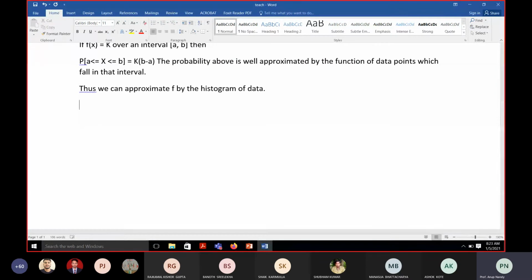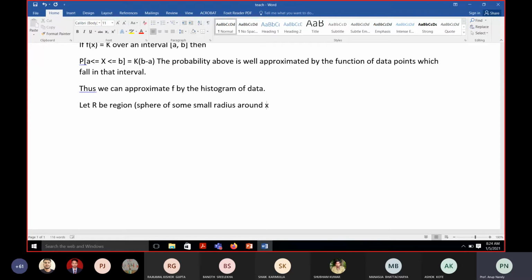Okay, so now let R be a region. It may be a sphere, a sphere of some small radius around x.